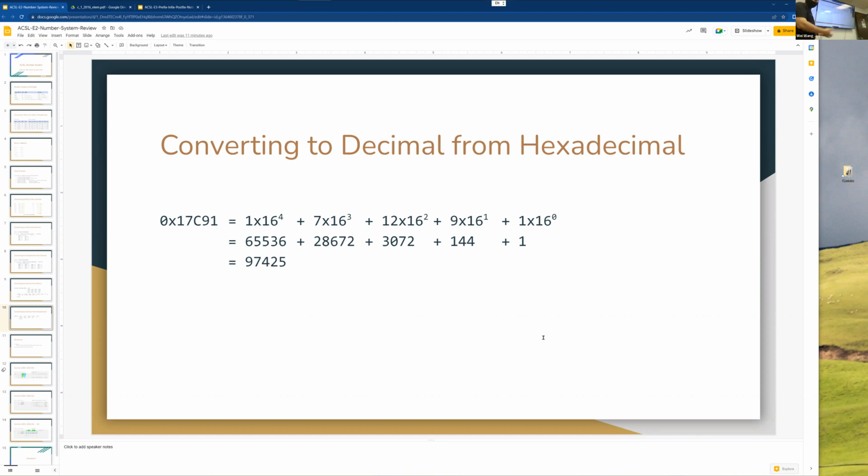And the remainder is always going to be less than the base. The base here is 16, that's the hexadecimal numbering system. And so the remainder is always going to be from 0 to 15, right?